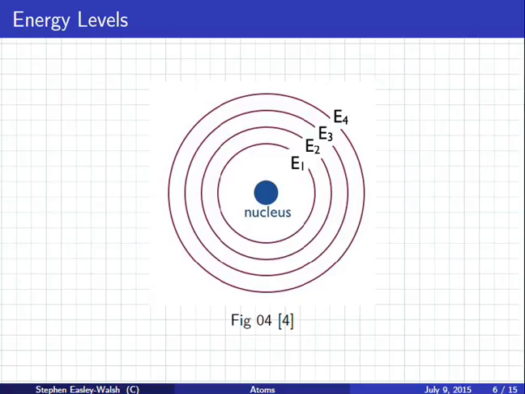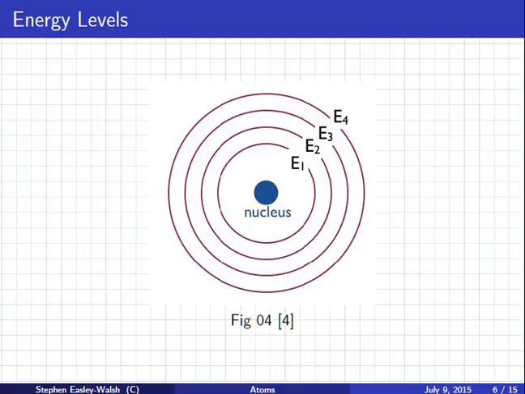When it falls, it loses energy. But the energy can't be lost, it can only be changed. So as it falls, a photon comes out of the electron. This is what happens.